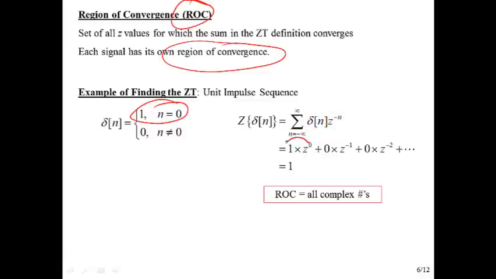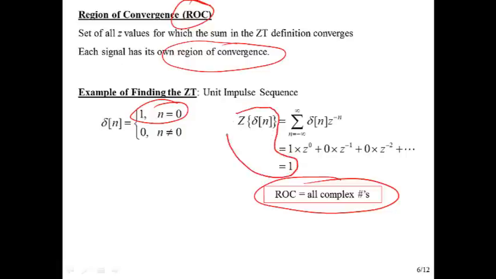So we have 1 times z to the 0, and z to the 0, anything to the 0, is 1, so it's just equal to 1. And this converges, since there's only one term, for any value of z. So the region of convergence is the entire z plane. So what this tells us is that the z transform of the delta function is equal to 1.